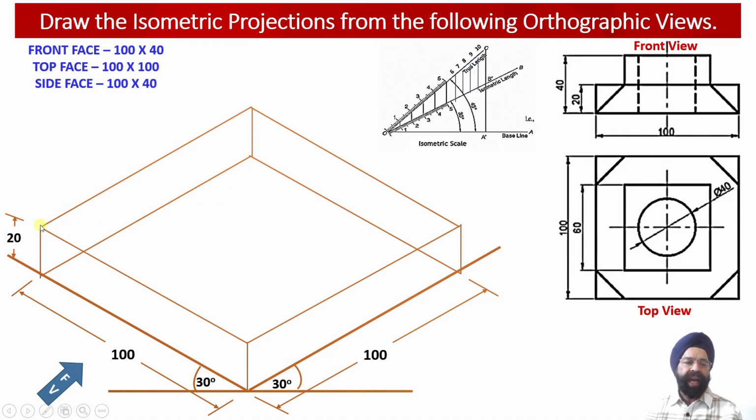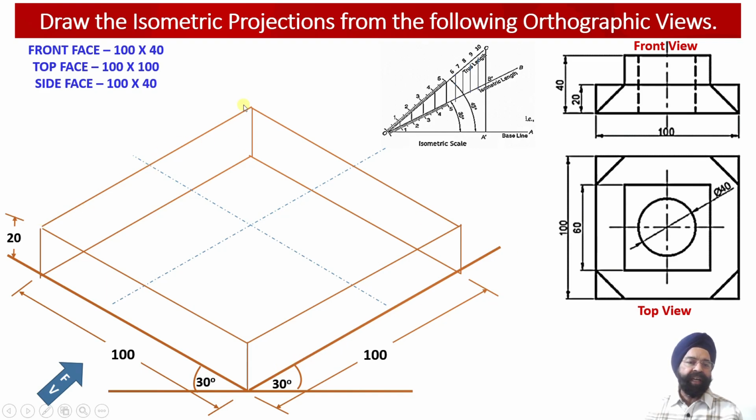So now we know that the top face of this lower web is going to measure 100 millimeter by 100 millimeter. So we'll measure the center points corresponding to the two perpendicular edges of the square face over here, and once we join this point and this point, the axis line alongside the z-axis will be obtained.